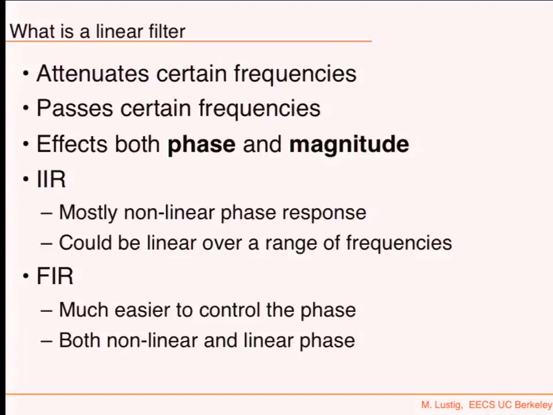A nonlinear response creates this dispersion, where different frequencies are delayed by different amounts. Some IIRs can be designed to be linear over a certain range of frequencies, but you can't really do that over all ranges of frequencies. With FIR, it's much easier to control the phase when you design them. You can design either a nonlinear phase, but also completely linear phase filters using finite impulse response. That makes it very powerful because these are really useful filters, so that you don't see the distortions.